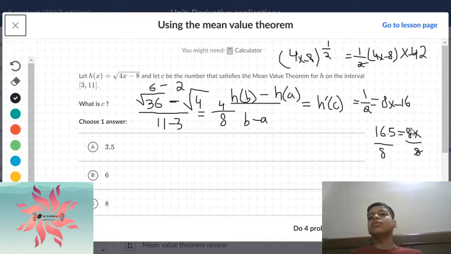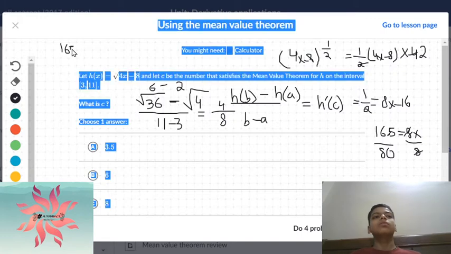This cancels out with this. We can also remove the decimal by adding a 0, so this would be 165 divided by 80. Let's figure out what this is. 165 divided by 80.